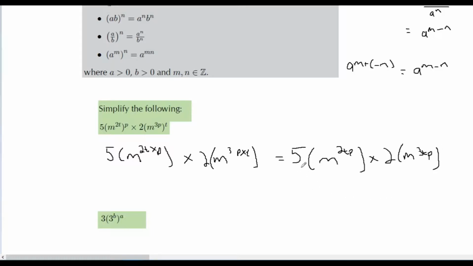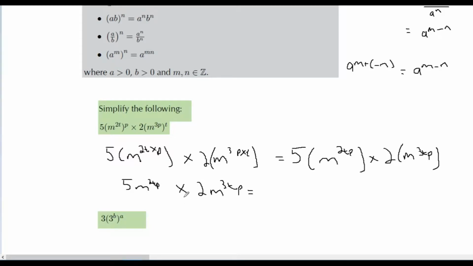So now we're going to multiply our coefficients, so this just becomes 5m^(2tp), amazing handwriting, multiplied by 2m^(3tp), which equals, and notice over here that our bases are the same because they both have m, the unknowns are both the same, but our coefficients are different.